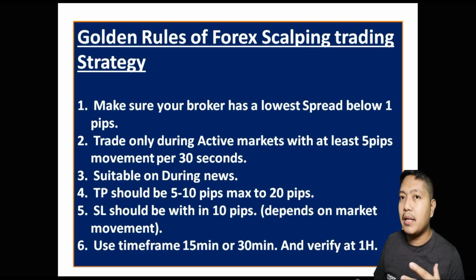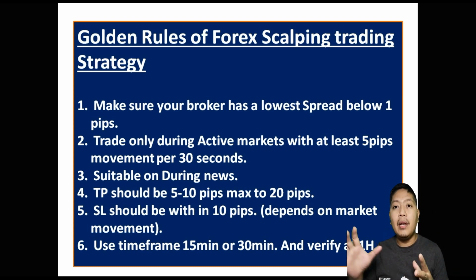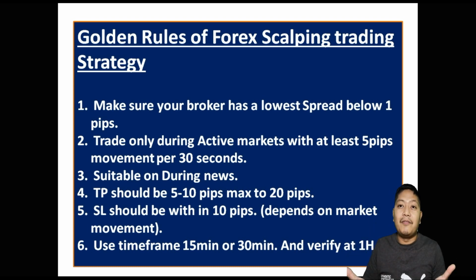Another way is that I will straight away exit the market after winning 5 to 10 pips. I will take whatever is on the table. This is one of the rules in Forex trading: the moment you have the food on the table, just take it, just have it.